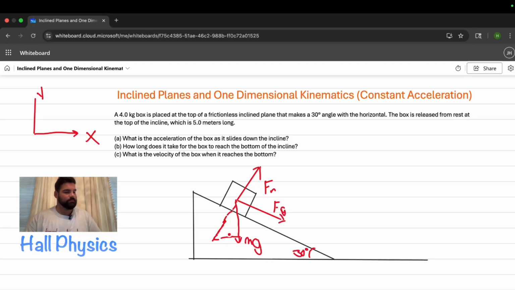Okay, so this magnitude of Fn is equal to this imaginary line we drew right here. Well, in relation to theta right here, which is 30 degrees, this is mg cosine theta.